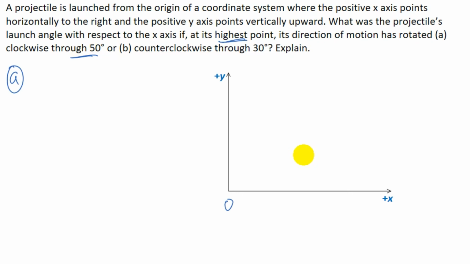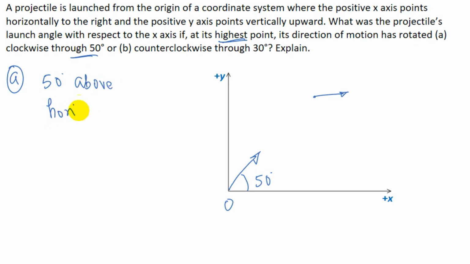One thing we know: when the projectile reaches the highest point, it moves horizontally. Thus we can conclude that the projectile was launched with an initial launch angle of 50 degrees, such that when it reaches the highest point, it moves horizontally. That means it had rotated 50 degrees clockwise, and thus the answer is 50 degrees above the horizontal.